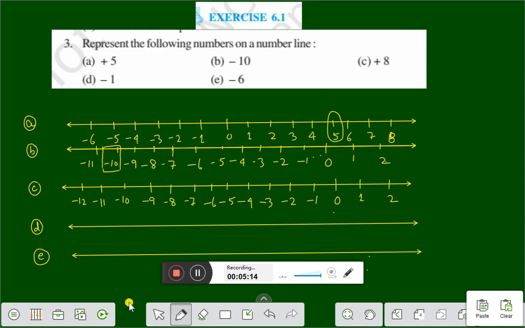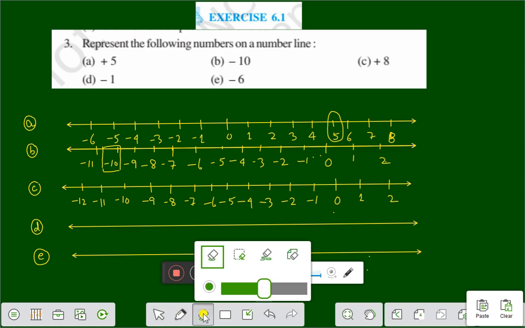Now question number C is plus 8. Now you have to see plus 8. We'll rub this one.